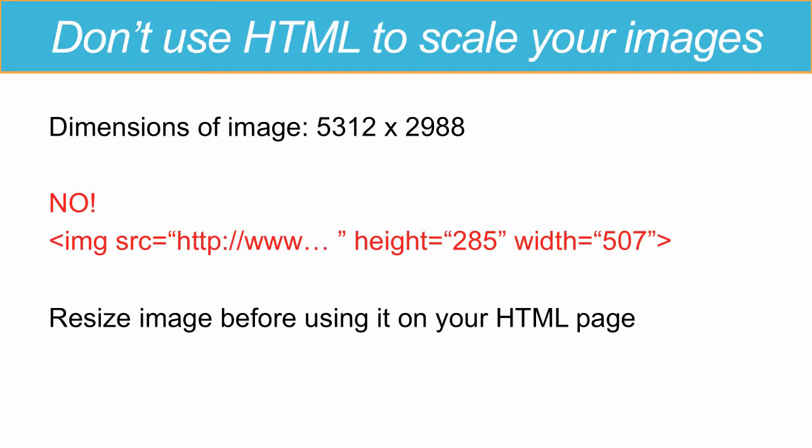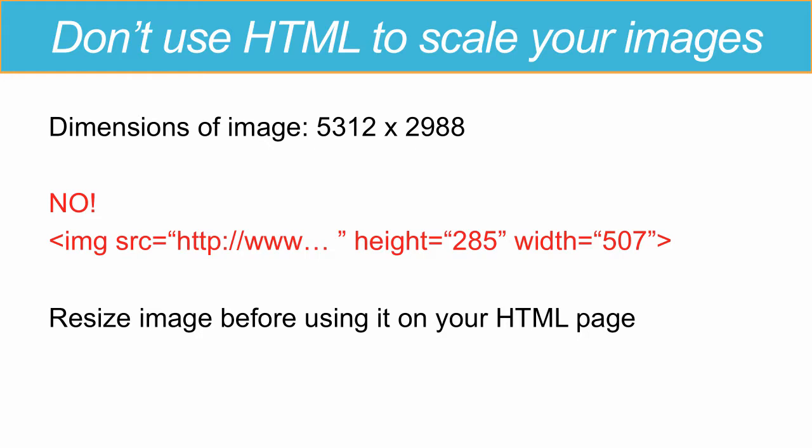Another problem that we run into is, let's say I take a picture with my phone and I want to use that picture in my blog post. When I take a picture with my cell phone camera, the dimensions of that picture are 5312 by 2988 pixels, and this is an Android phone.